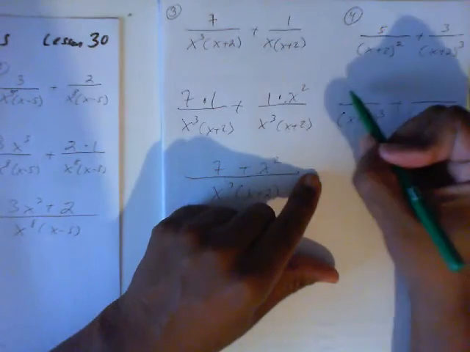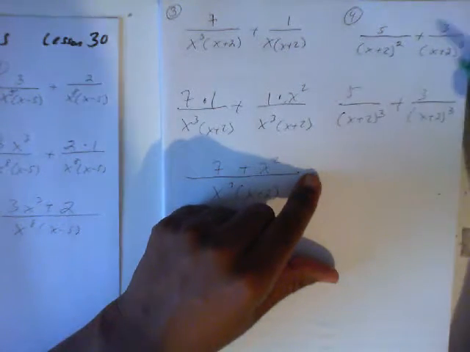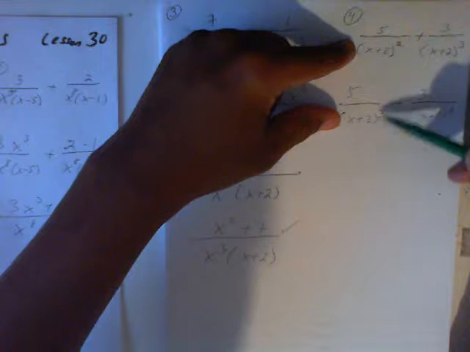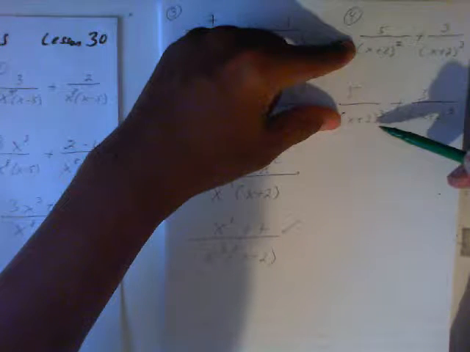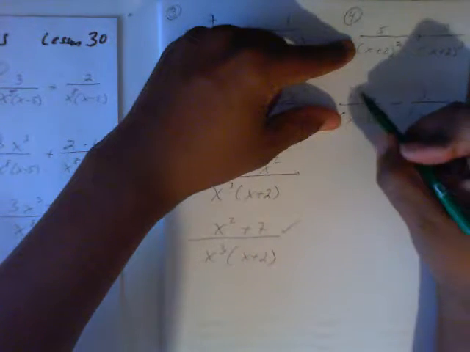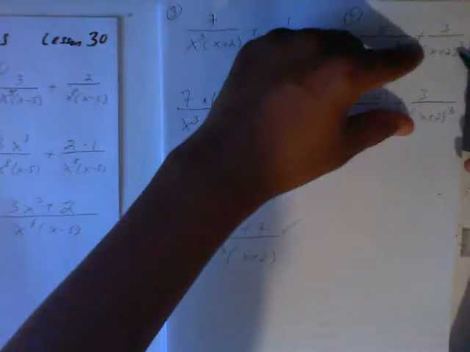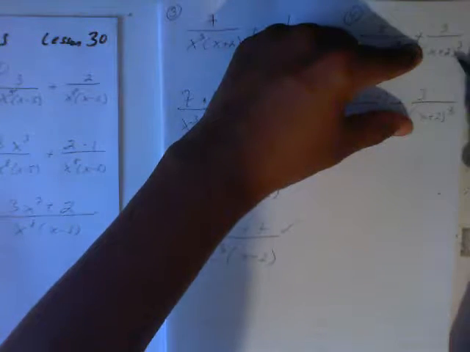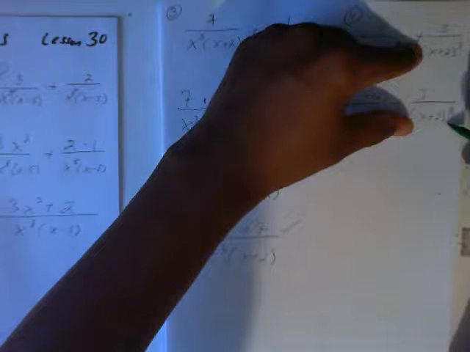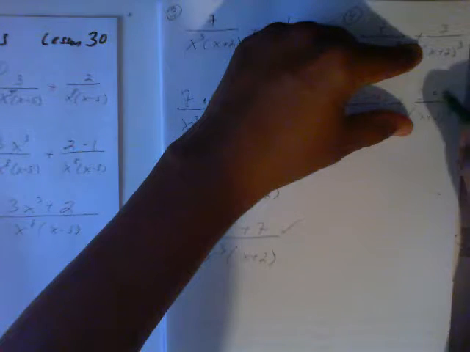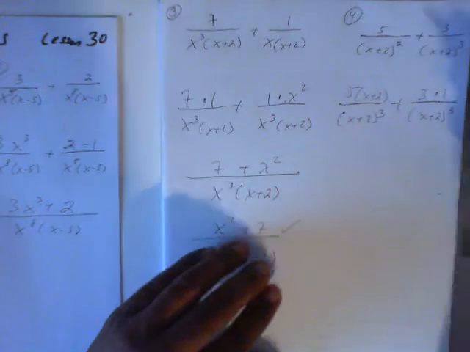Okay, now the 5 and the 3, place them there. The difference between these two is a multiple of 1 x plus 2. So we're going to put another x plus 2 here. The difference between this and this is a multiple of 1. Got x plus 2 to the 3rd power, x plus 2 to the 3rd power. So the multiple difference is just 1.